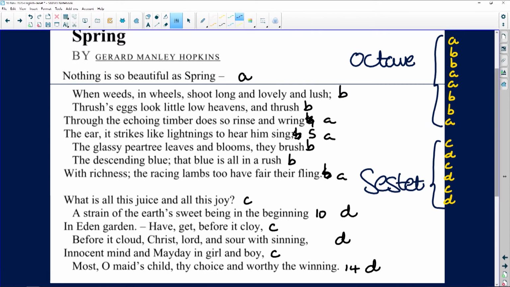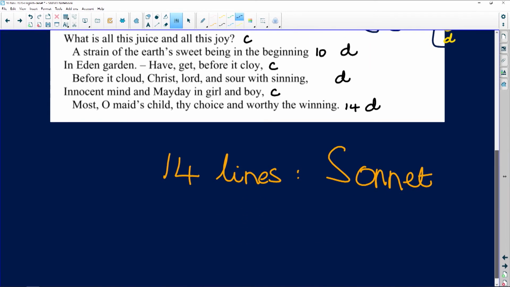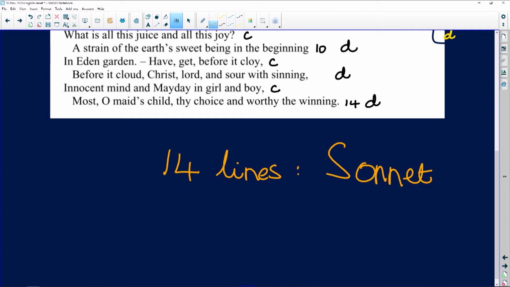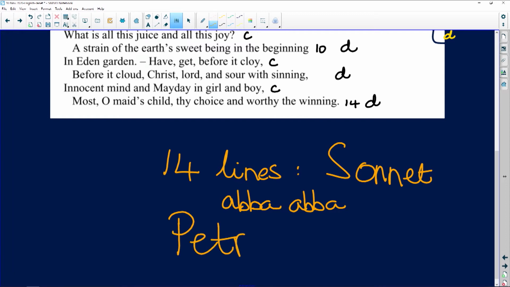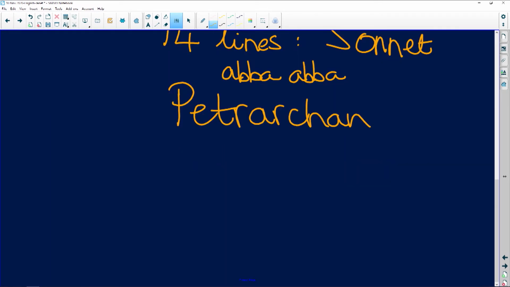A poem that is divided into an octave and a sestet with the octave going A, B, B, A, B, B, A is a Petrarchan Sonnet.